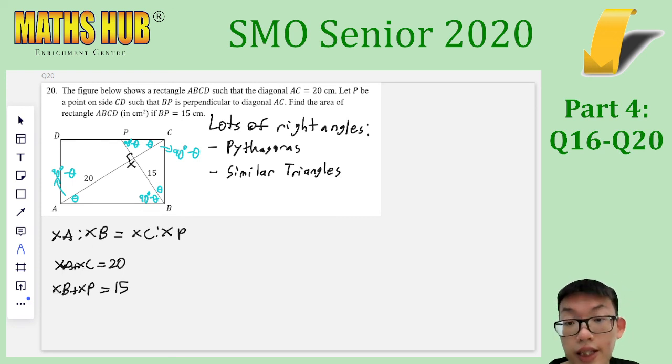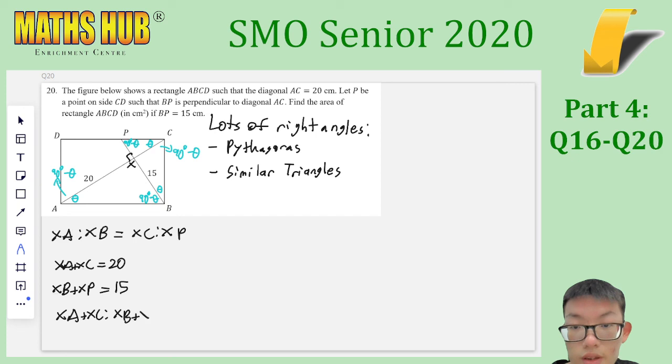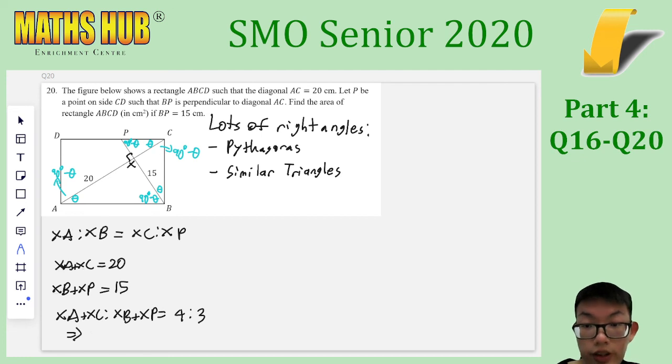And so it means that the ratio of the sums is 4:3. And since XA to XB and XC to XP are in the same ratio, it means that they are also in that ratio 4:3.